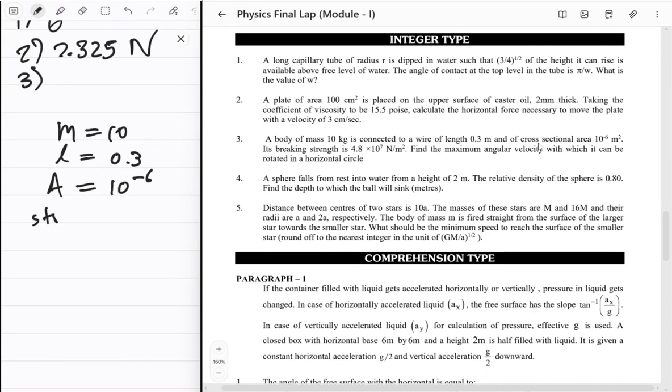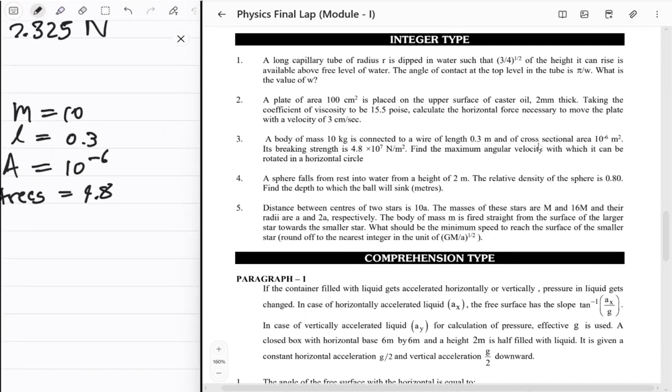Stress is equal to 4.8 times 10 power, basically 48 times 10 power 6, right? And what else is asked? Maximum angular velocity with which it can be rotated in a horizontal circle. Okay, understood.